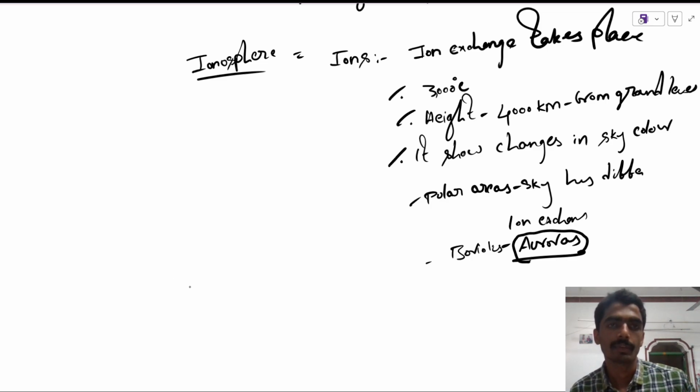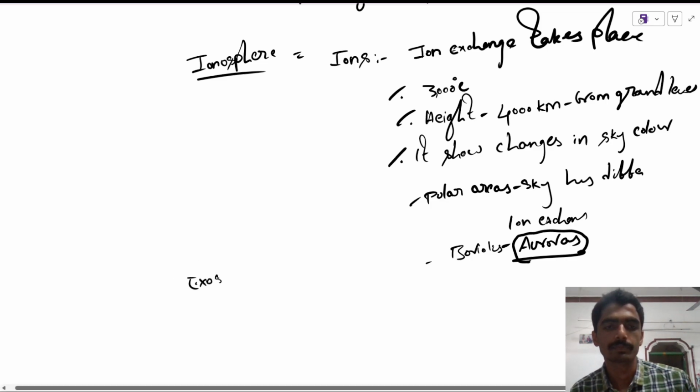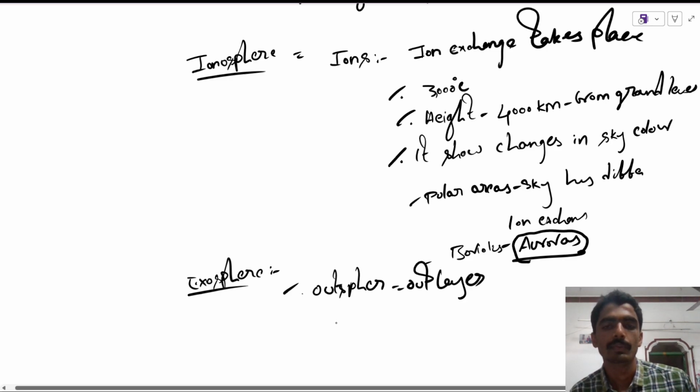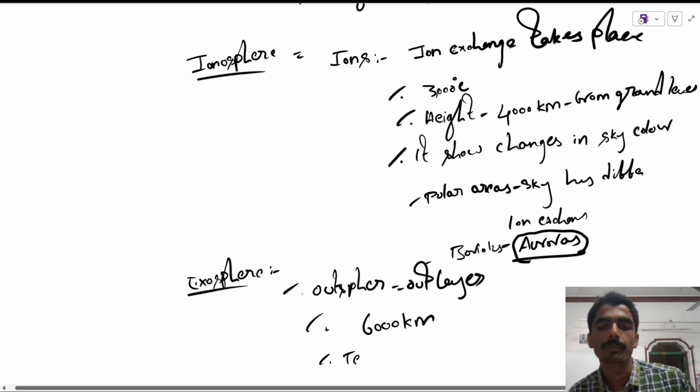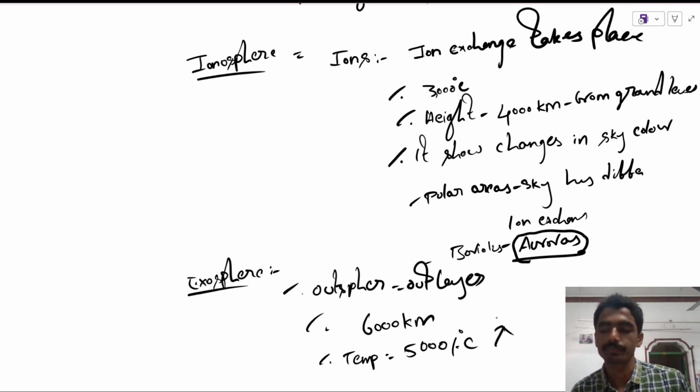Then the exosphere, which means outer sphere, also called the outer layer. It extends beyond nearly 6000 kilometers and the temperature is 5000 degrees Celsius above.